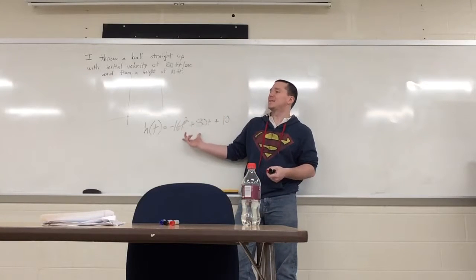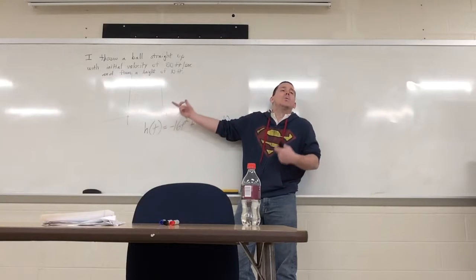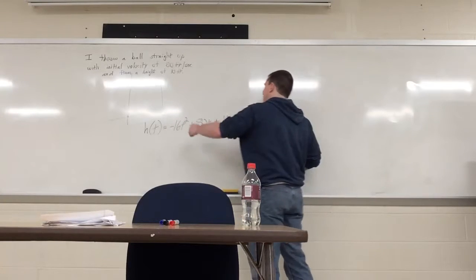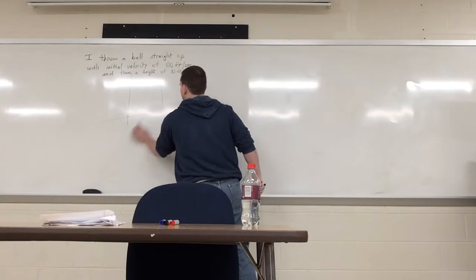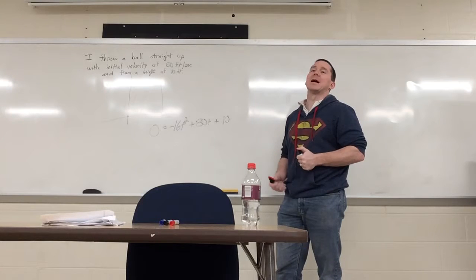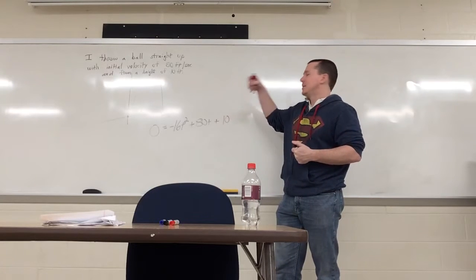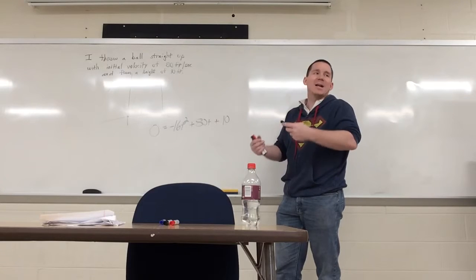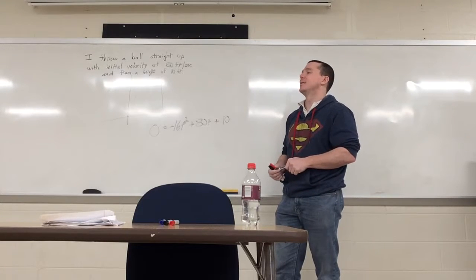If you want to know when it hits the ground, I have to give you the height. When it hits the ground, what height is it? 0. So take your quadratic, set it equal to 0. I'm not actually going to solve this out, we don't have time. But it's a quadratic, set it equal to 0, done. Solve it. Quadratic formula. Hit enter on your calculator.